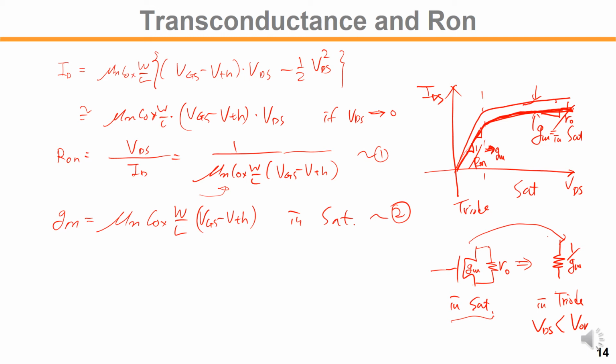But you should not confuse that the GM, the transconductance we may see in the triode region, is not the same as what we would see in the saturation region, right? So this is not the actual one. In the triode region we don't have enough GM, meaning GM is not GM in triode region. Okay.